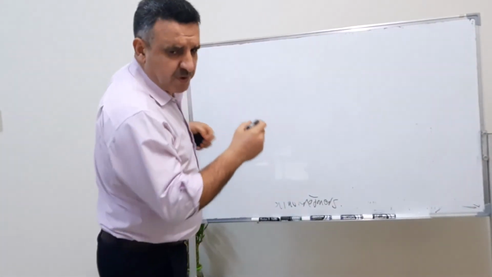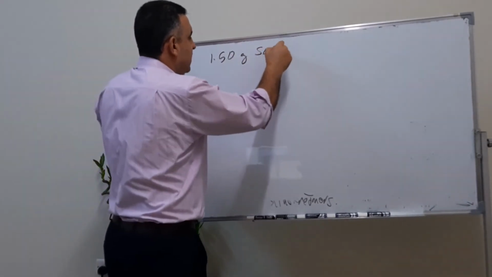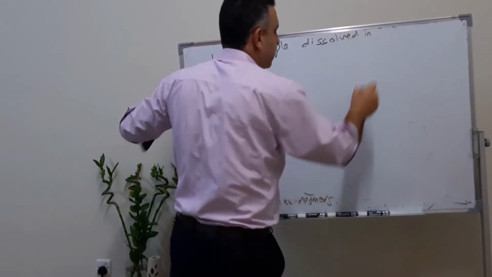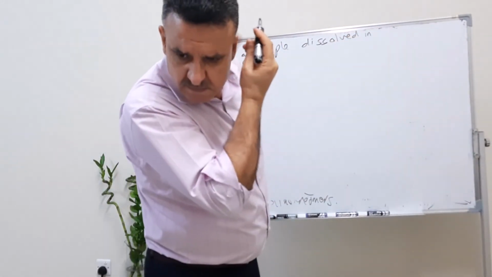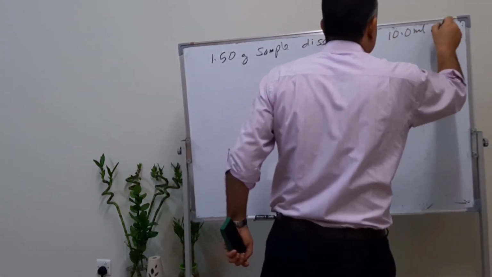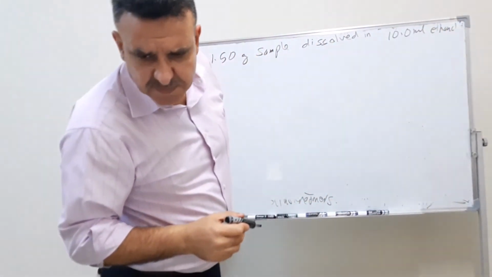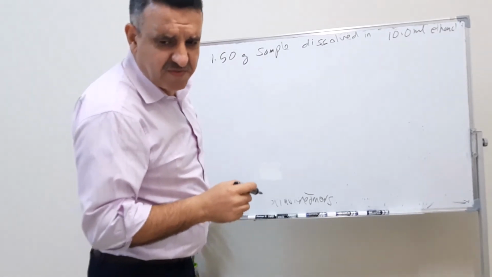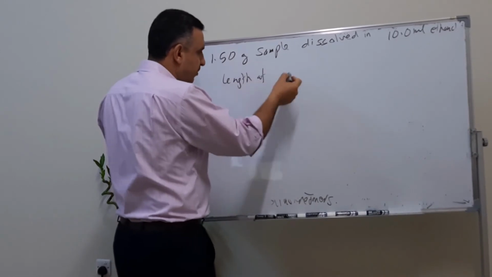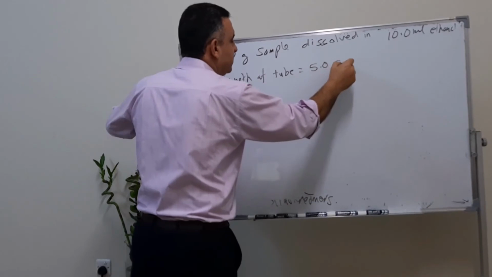Suppose a 1.50 gram sample has been dissolved in 10 milliliters of ethanol and placed in a sample cell, and the length of the tube of the polarimeter is equal to 5 centimeters.